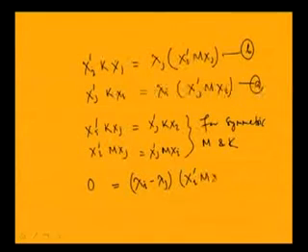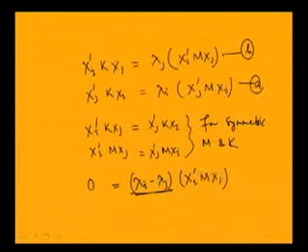But lambda_i minus lambda_j, that is, these eigenvalues are distinct numbers. So, lambda_i is not equal to lambda_j, and it shows that x_i' m x_j equal to 0 if i not equal to j. This shows the orthogonal property of these eigenvectors.